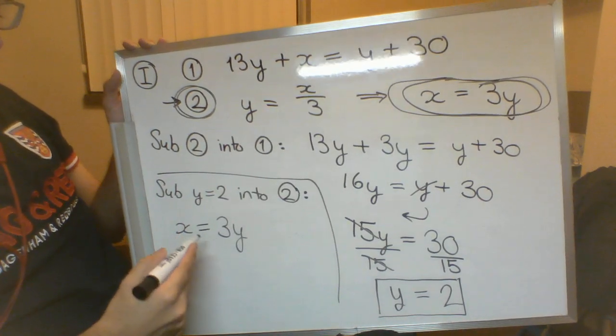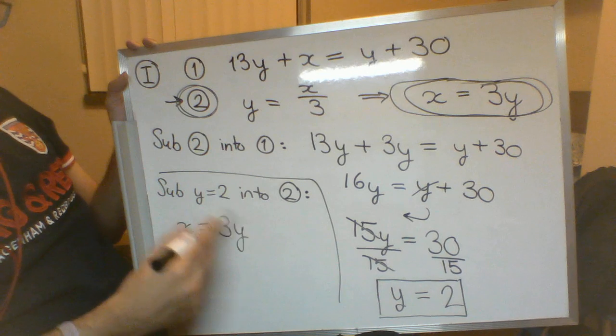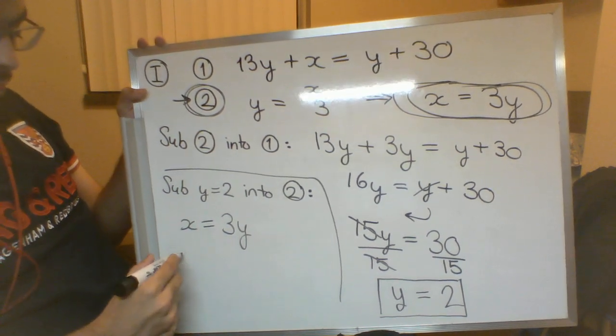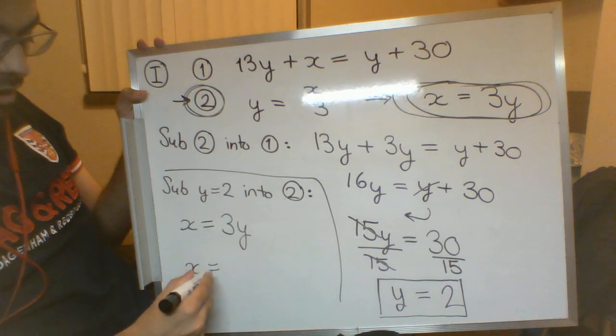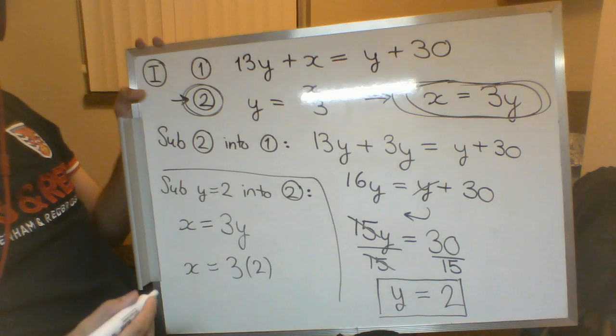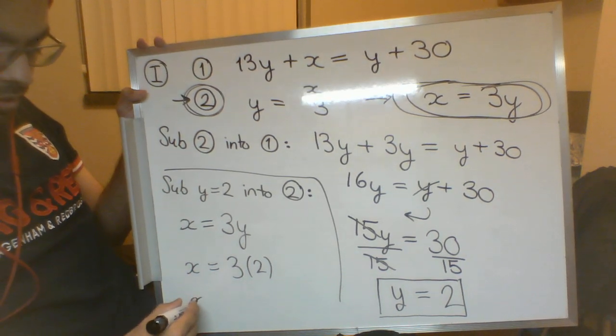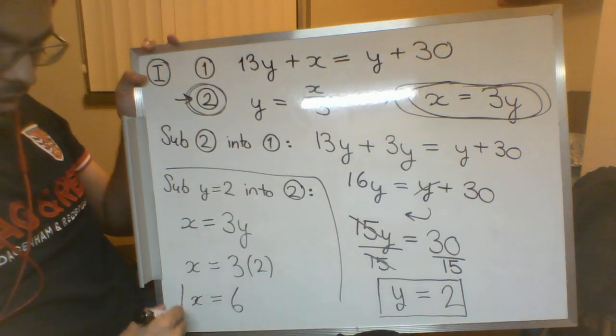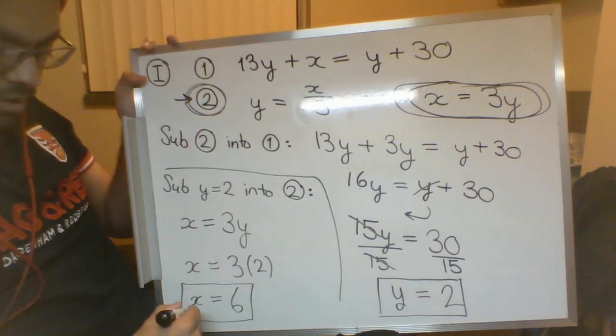So we're subbing y equals 2 into this equation. This is the original equation that we started with, but we know that y is equal to 2, so it's going to be x is equal to, instead of 3 times y, 3 times 2, and 3 times 2 is equal to 6. So then you get that x is equal to 6.